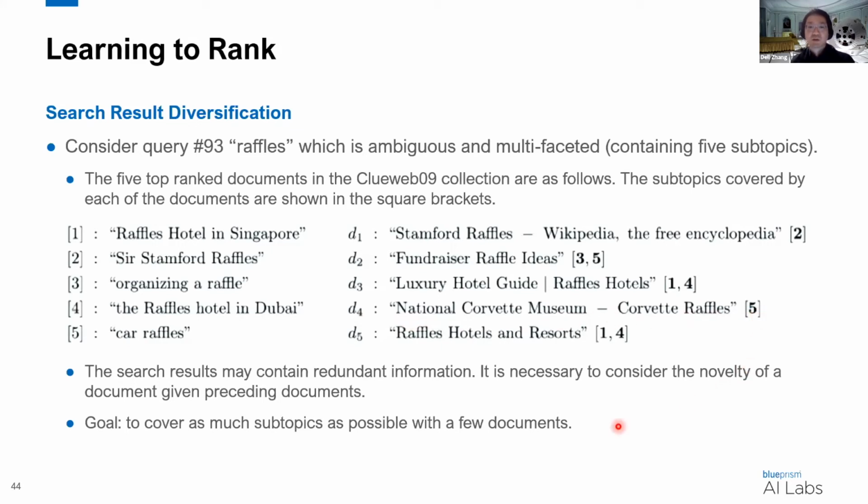So the search results may contain redundant information if we just measure the relevance of each document independently, and then return them as a sorted list. To optimize the user's experience, it would be necessary for us to consider the novelty of a document given the preceding documents in the ranked list. So the objective is to cover as many subtopics as possible with a few top ranking documents.